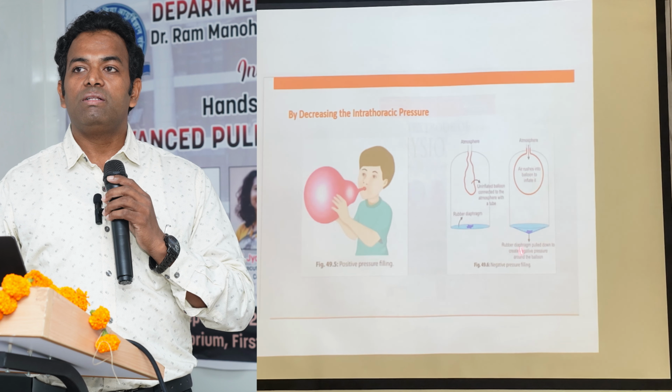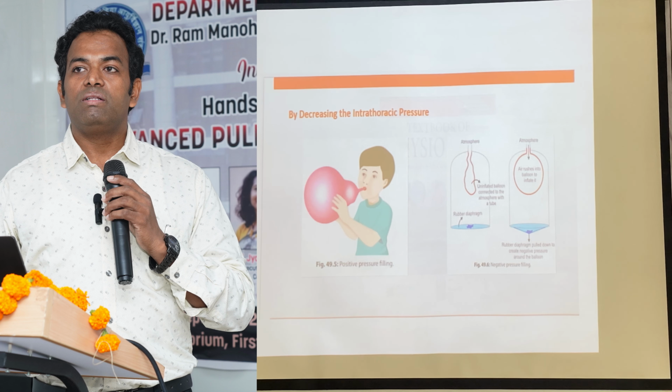If you pull the rubber diaphragm downwards, it decreases the inside pressure and makes the pressure inside the box negative. And the air present in the atmosphere moves automatically inside the balloon. So this is what happens in our thoracic cage, and it automatically fills the air during inspiration.